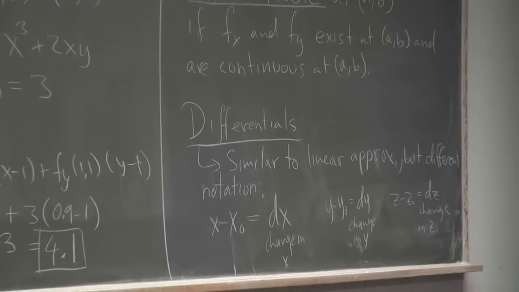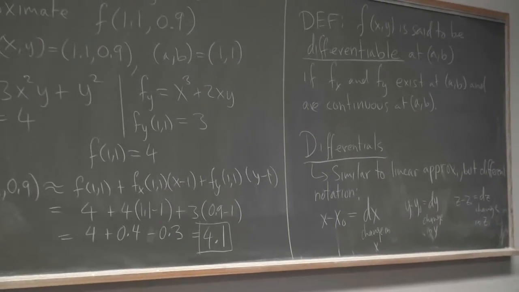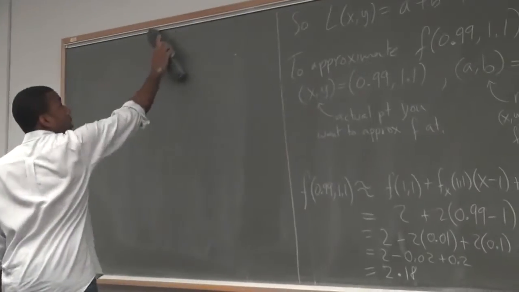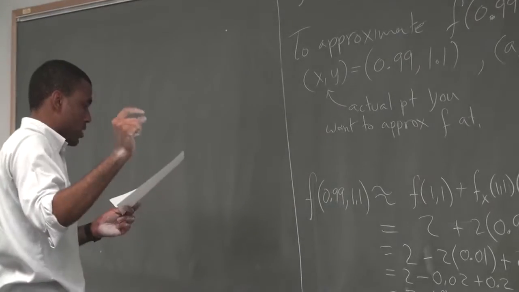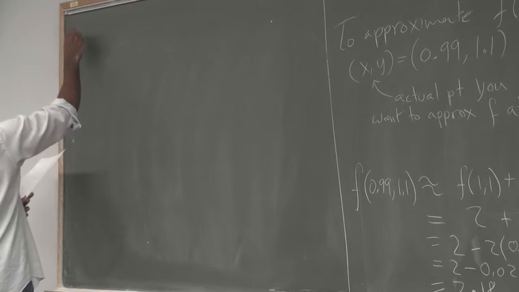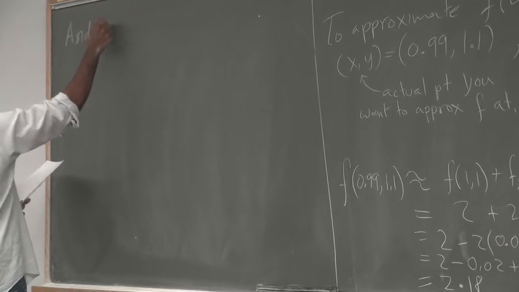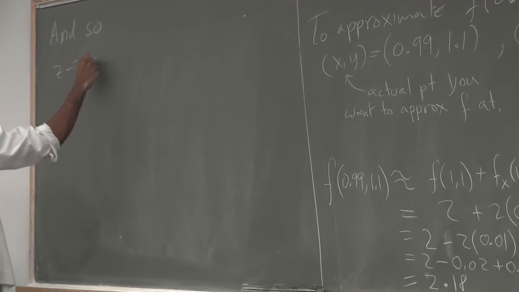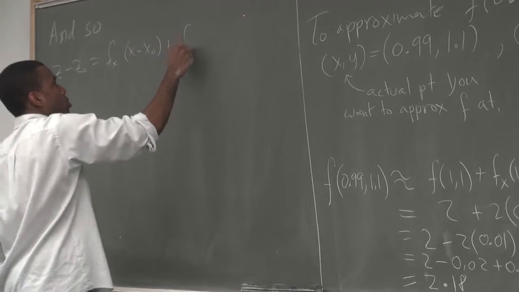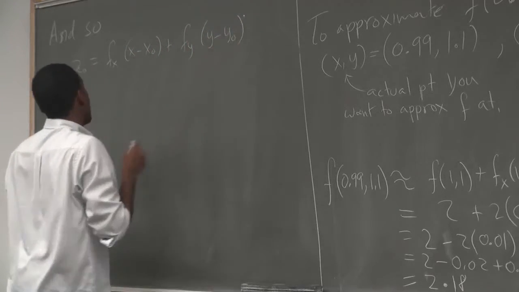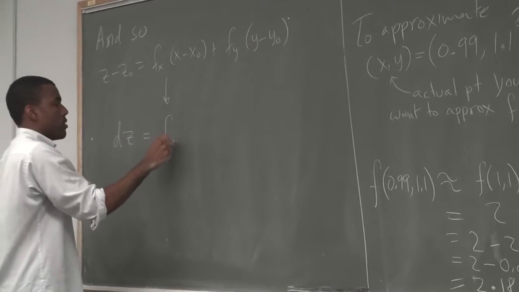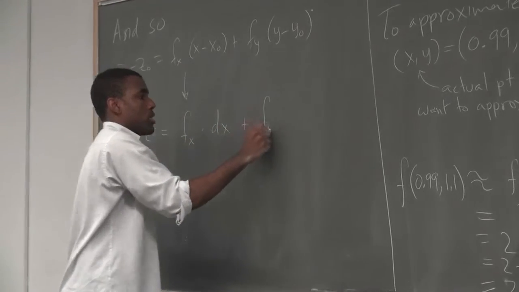Should these be real equal signs or approximately equal signs? Technically, they're approximately equal signs, if you're very close to a, b. And so if you have z minus z0 is equal to fx times x minus x0 plus fy times y minus y0, you can write this as dz equals fx times dx plus fy times dy.